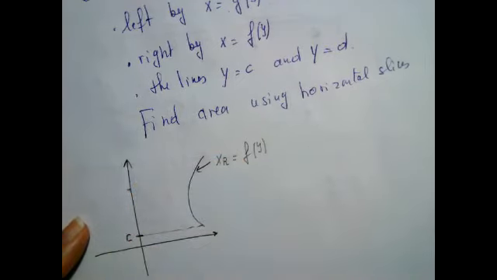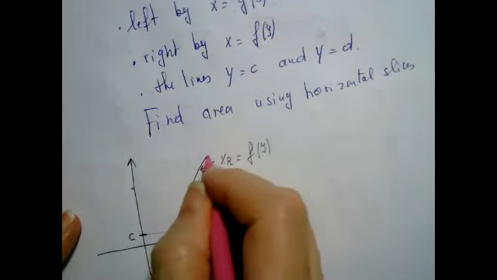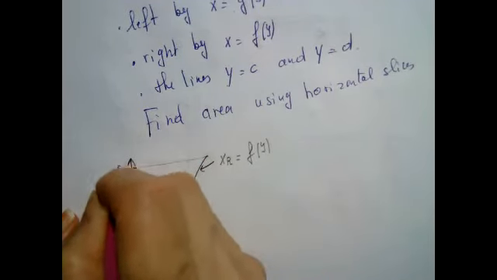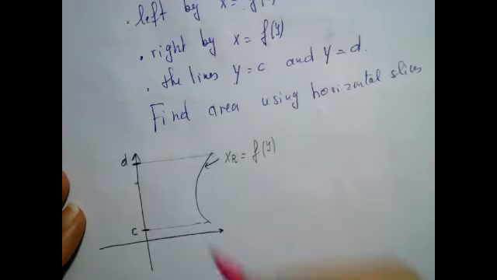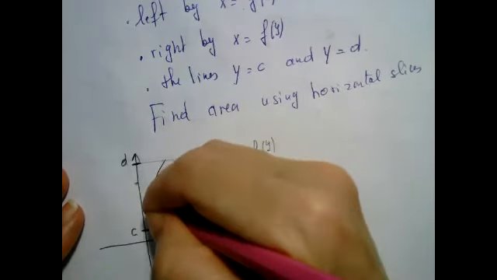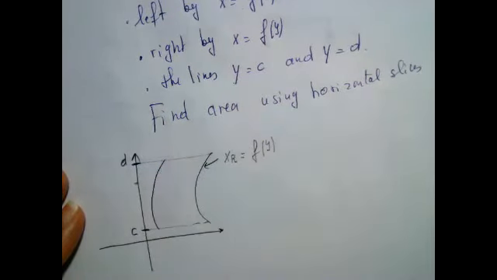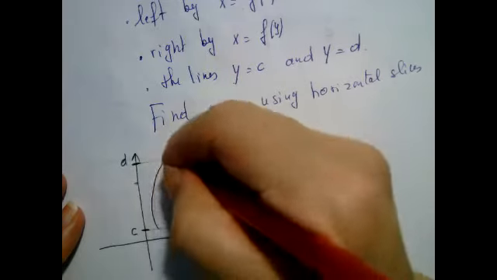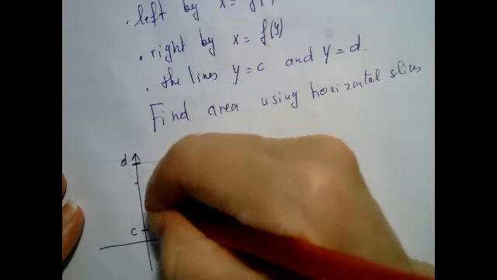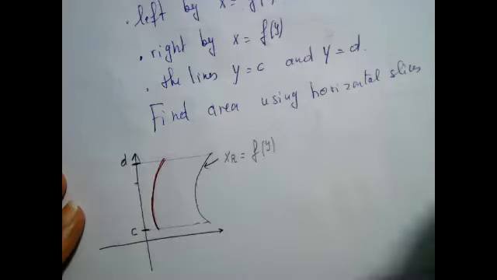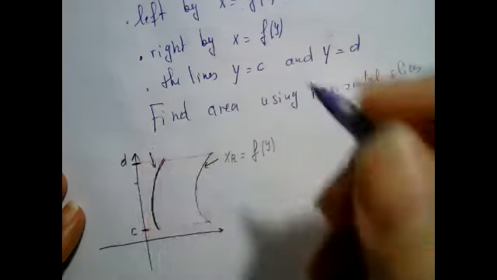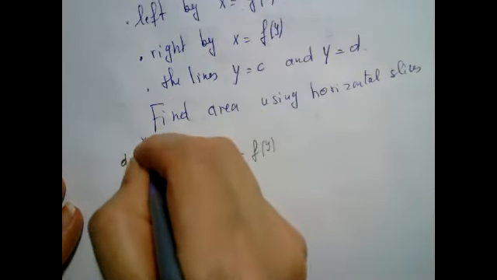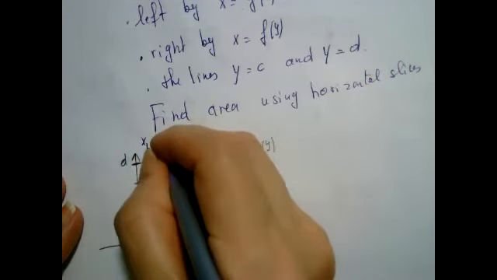This is the line y equal to c, and this is the line y equal to d. And then here I have another curve, g. That's my g. I call it usually L for left, and this is g of y.